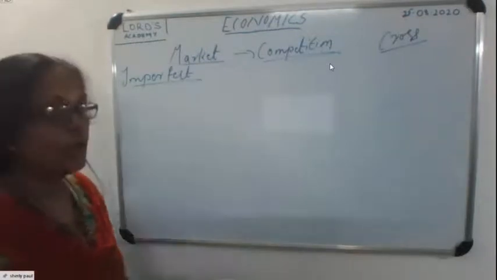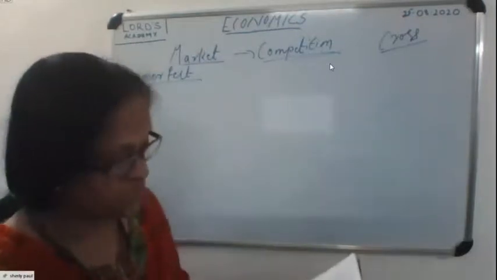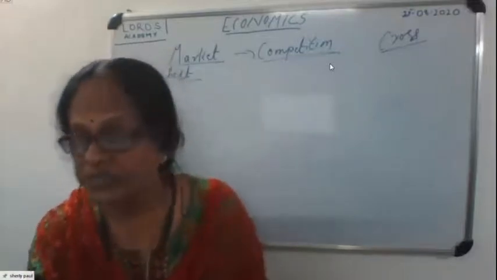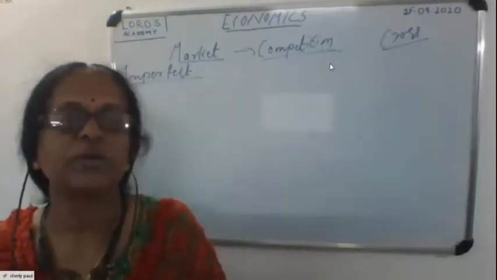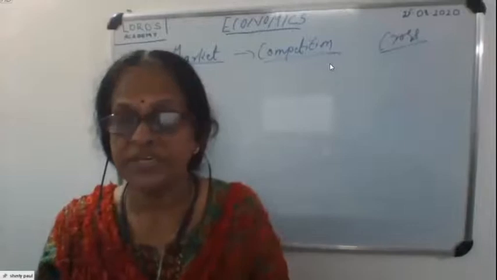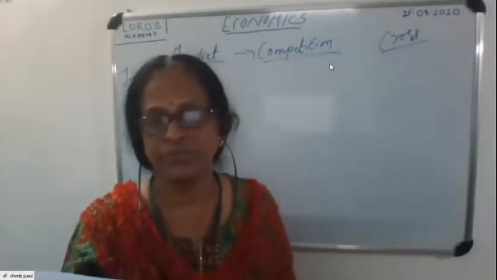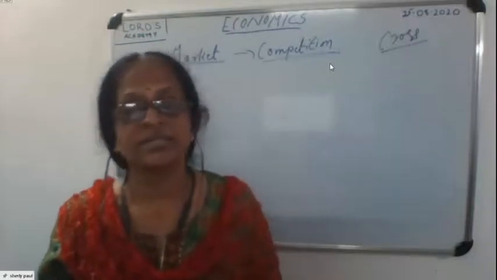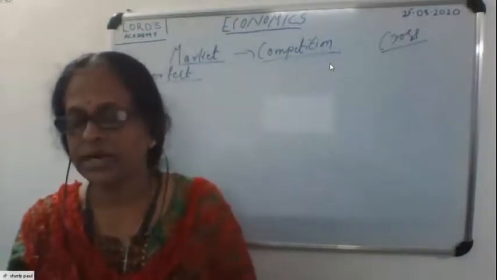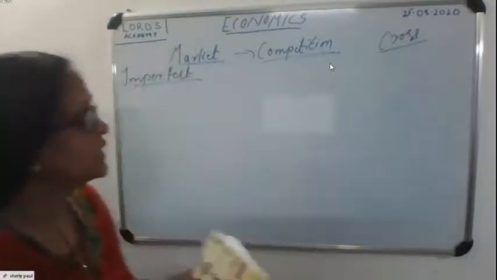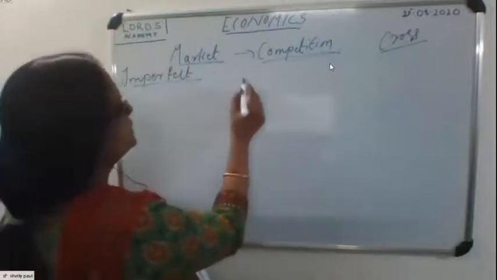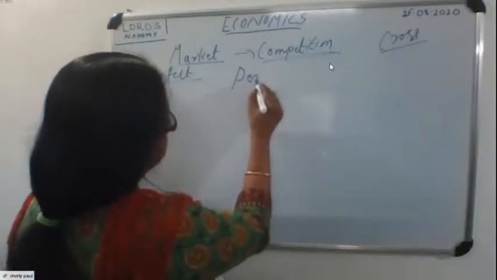Then here, monopolistically competitive market or monopolistic competition. Two ways you can say: monopolistically competitive market or monopolistic competition. Here, it is a market structure which contains the features of both perfect competition and monopoly.